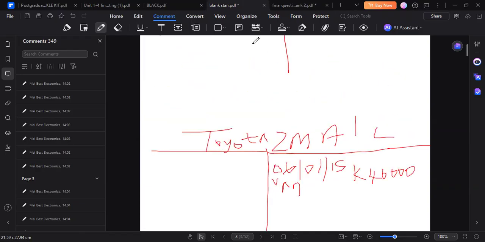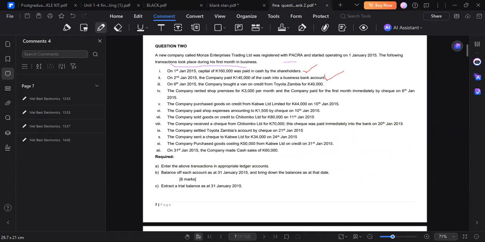All right, then we move on to the other transaction that took place.